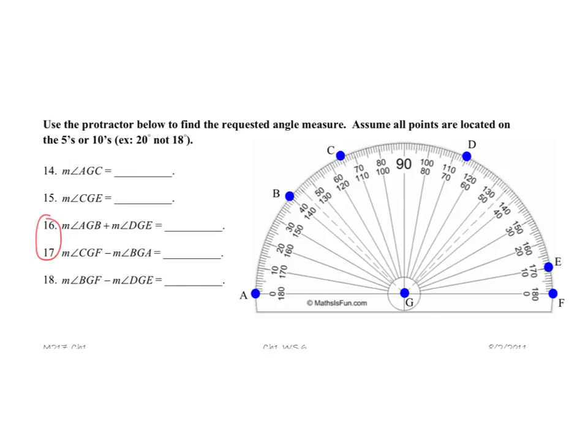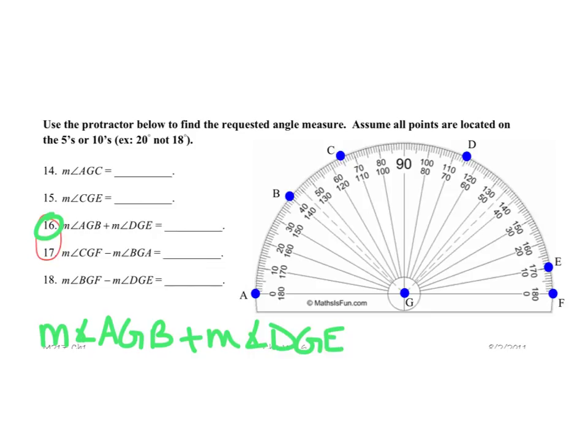Last one, guys. We talked about the protractor in class today, but I want to go over something like number 16, where it says, okay, what's the measure of angle AGB plus the measure of angle DGE? Well, let's go for this. AGB. That angle right there, guys, measuring from 0 going up using the increasing numbers, is going to be 40 degrees. There's my first angle.